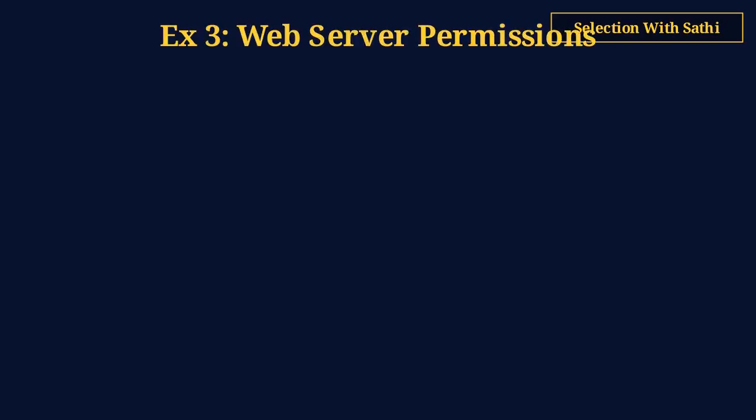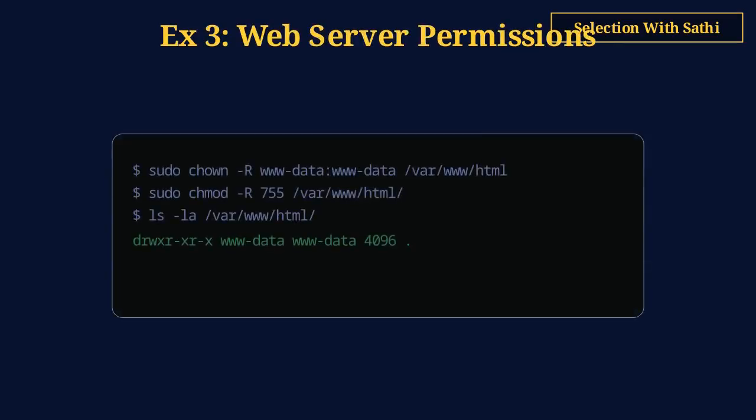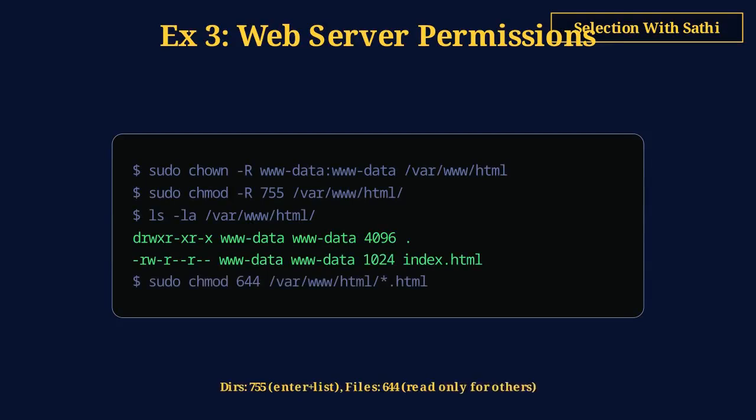Third example, calculate umask. With umask 027, what do new files and directories get? Files start at 666. 666 minus 027 equals 640, which is rw-r-----.